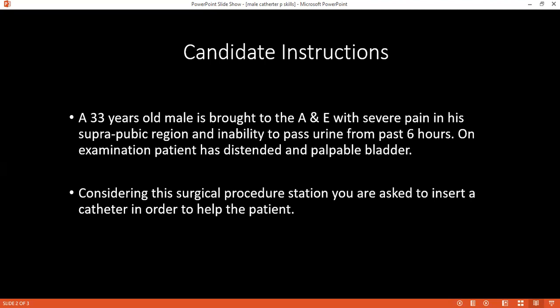Then I'll also collect a sample for urine culture, sensitivity and microscopy. After that I'll attach the urobag, and I will replace the foreskin of the patient and help him redress. Then I will dispose of all the equipment, the gloves and the syringes in a yellow bin.